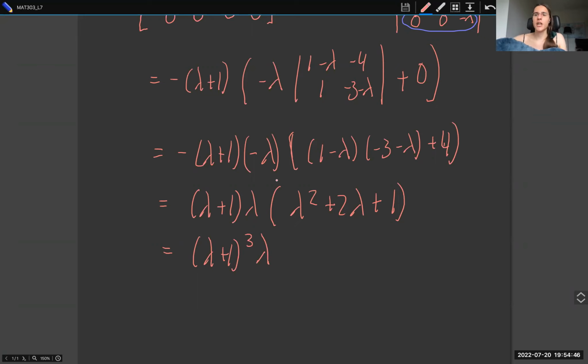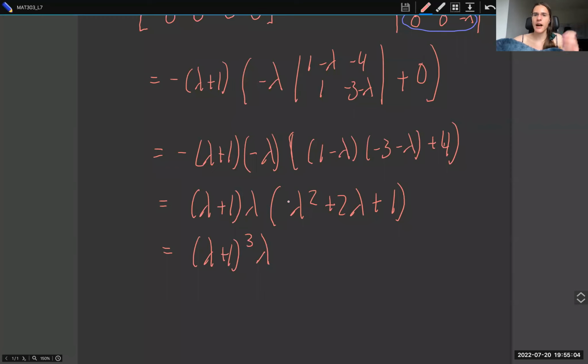Now, in general, we don't know that the kernel of this is going to be one-dimensional. There might be multiple eigenvectors associated to the eigenvalue, right? But sometimes we're going to have to do chains. As it turns out, it's going to be a chain of 3 in this example. But that doesn't have to happen.